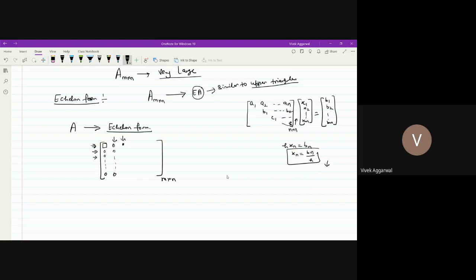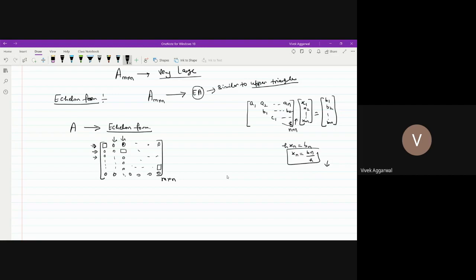Suppose it is 0 here, but the non-zero element is occurring here. Then I will make all these elements 0 and so on. And maybe in the end, I will get a non-zero element here and all other values are there, but the element below this one should be 0. So this is the way we can find the echelon form.